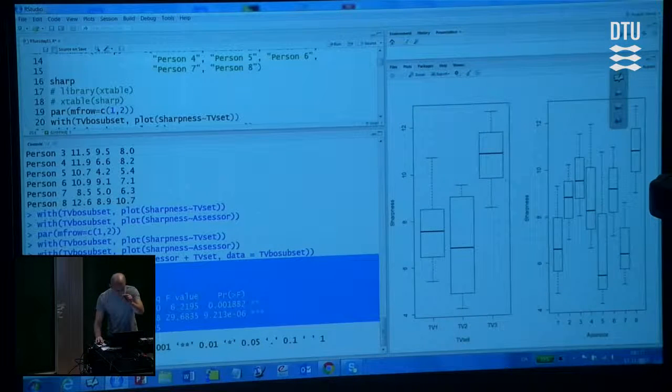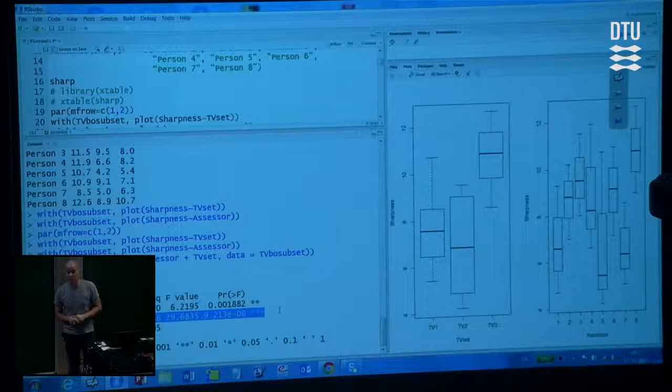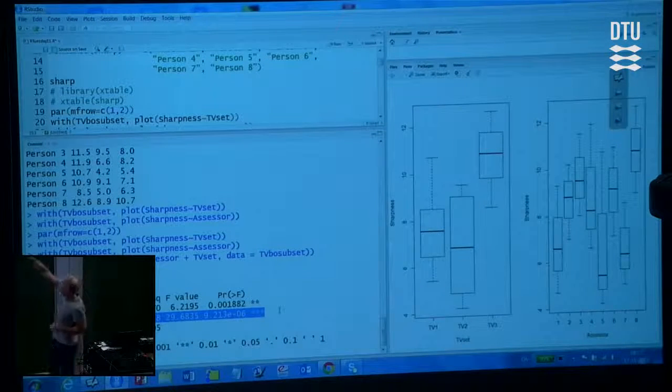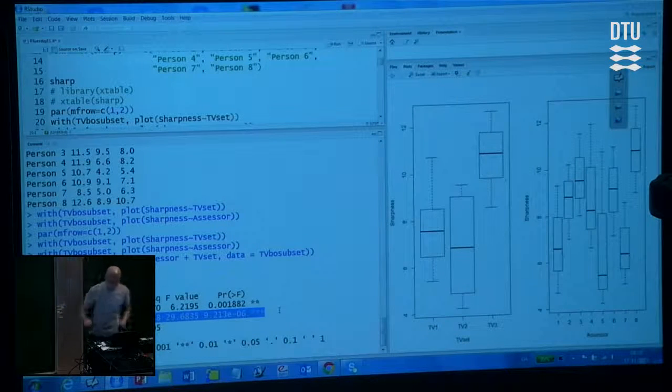You read off things here just as you were taught last time. So, are the TV sets significantly different here? Yes, they are, right? Because we strongly, surely reject the null of them being exactly equal on sharpness. So yes, as we also expected from the box plot, of course, there are some differences. We don't see exactly which yet. That's the post hoc. We'll get back to that. But at least we see, yes, they are different.